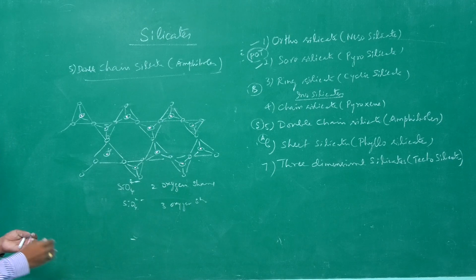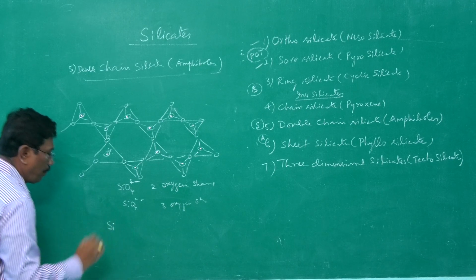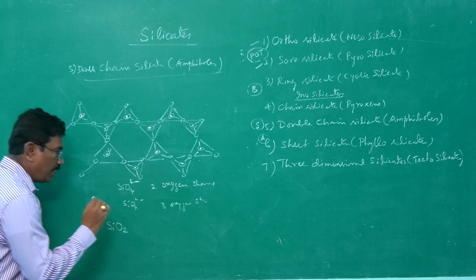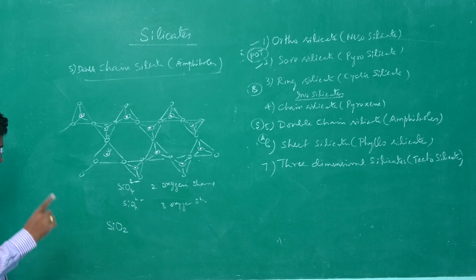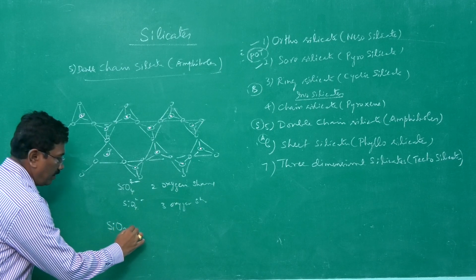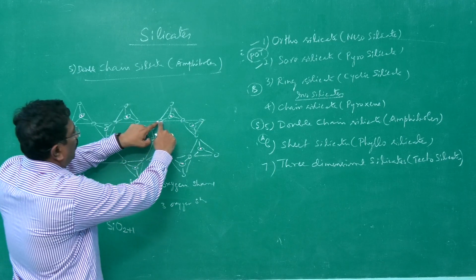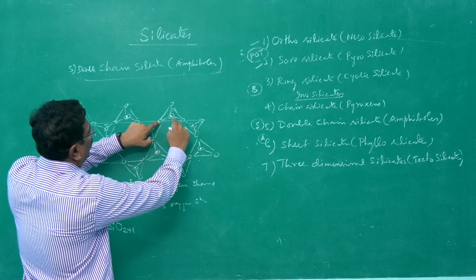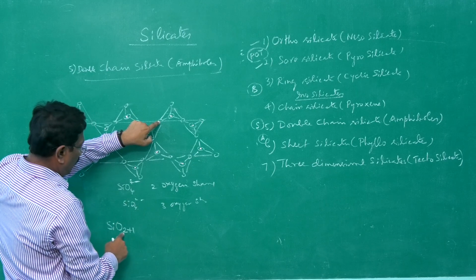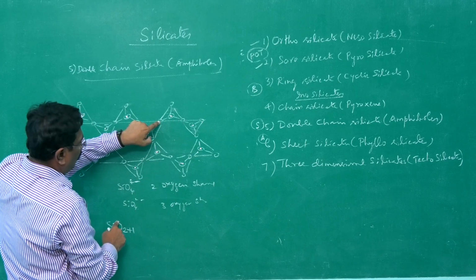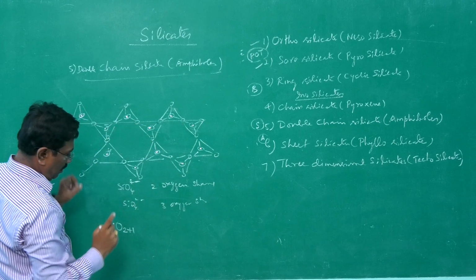And therefore, how can be the molecular formula? Si, if 2 shared, SiO2 plus 1, if 2 shared. If 2 becomes common, 2 shared, 2 exclusively for the silicon. Contribution of these 2 oxygen for the silicon, 1/2, totally 1.